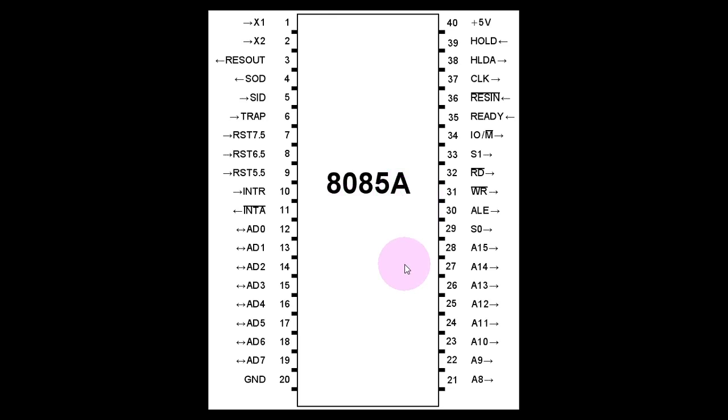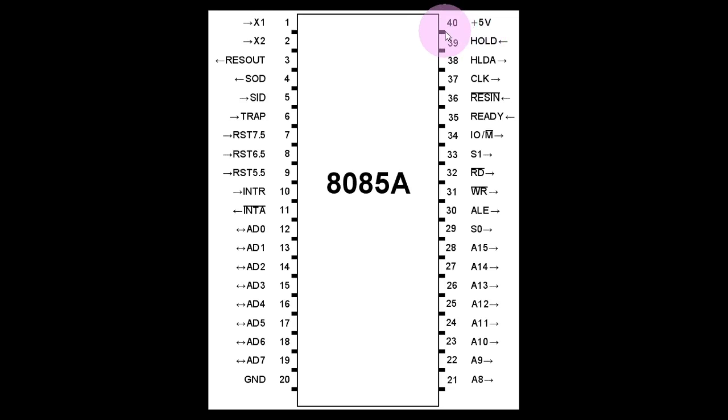Whenever you see a digital or electronic component, the first thing you will ask is on what voltage will it operate? This 8085A IC operates on plus 5 volts. It is operable on a single battery of plus 5 volts, and that plus 5 volts has to be connected to pin number 40.